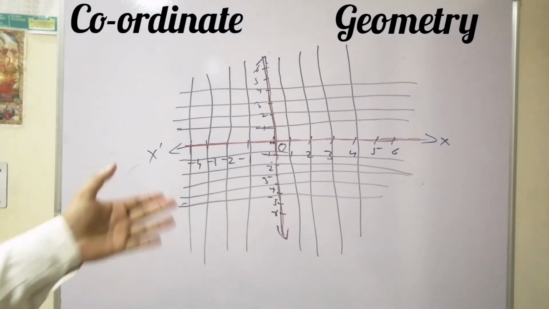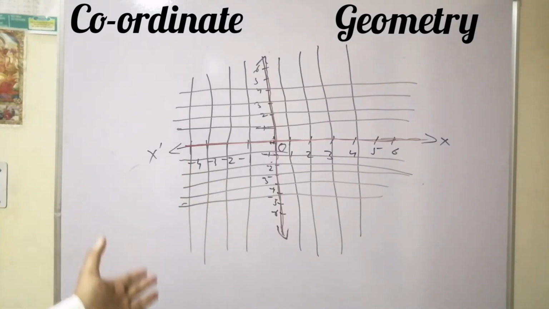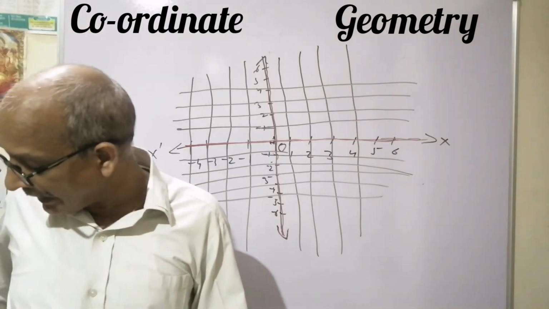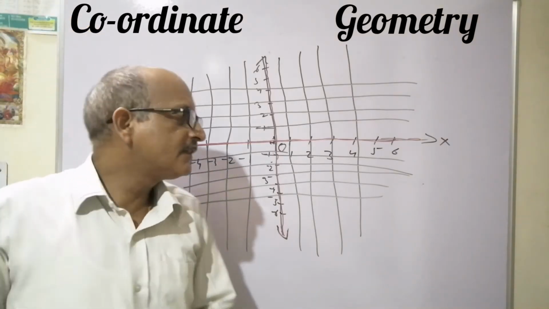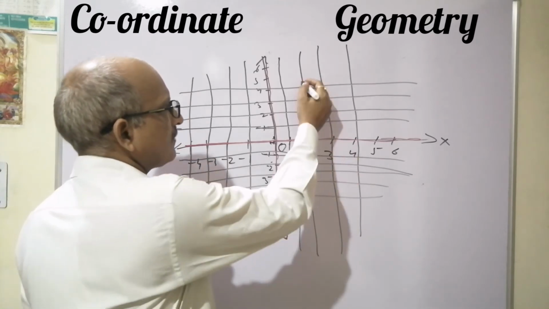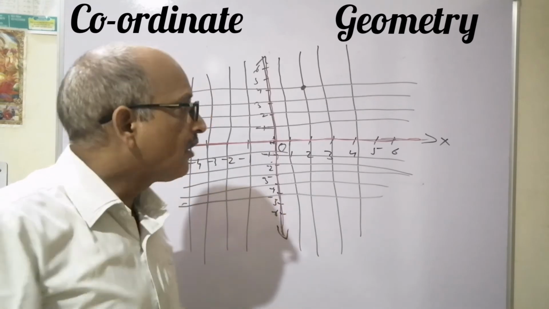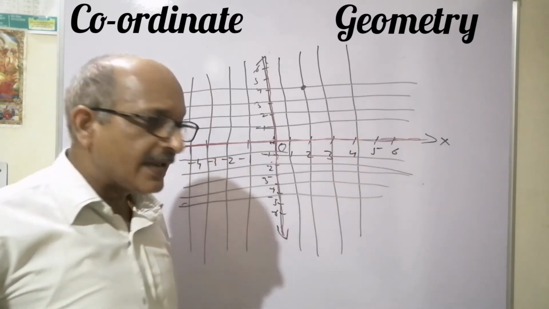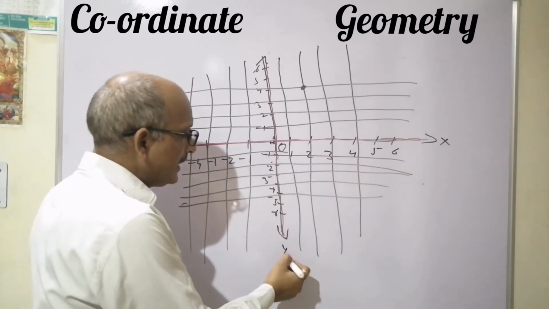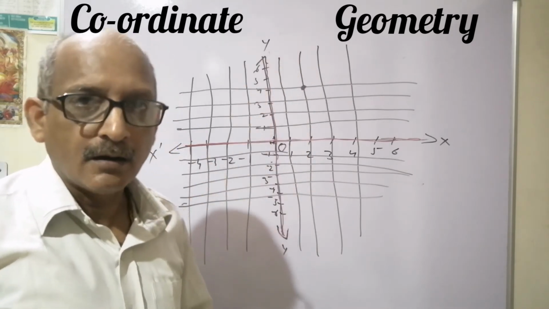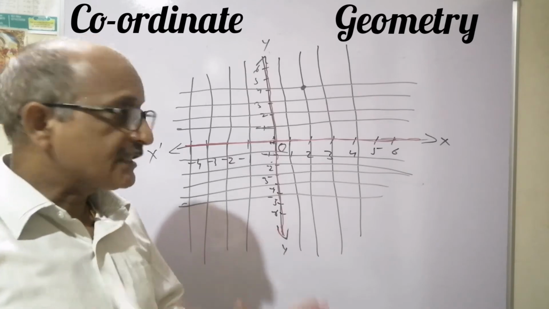I have drawn it here, but you will get a graph, and if you present it on graph paper, you will be very clear about it. First of all, if the address of this point is demanded, I have told you at the start that the horizontal line representing the x-axis is to be thought of as the gully number, the street number.